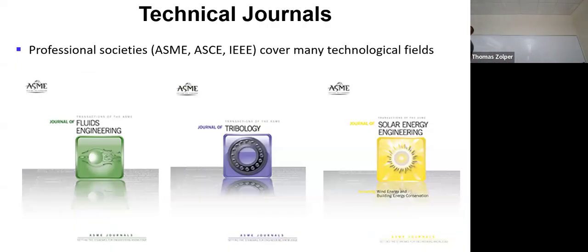Even the American Society of Mechanical Engineers has a multitude of different journals. You'll find virtually all of your professors have published in at least 2 to 3 scientific journals to get their PhDs, and many have a multitude of 20, 30, 50, 100 or so.